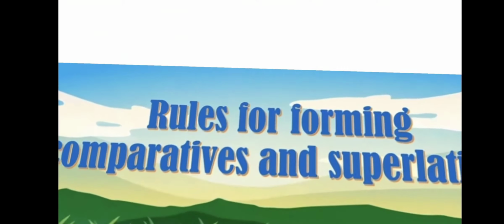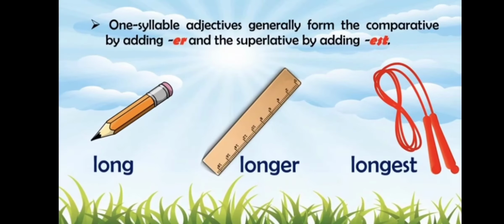So the first one we have: one syllable adjectives generally form the comparative by adding er and the superlative by adding est. We use er with the adjective in comparative degree and we use est with the adjective in superlative degree.